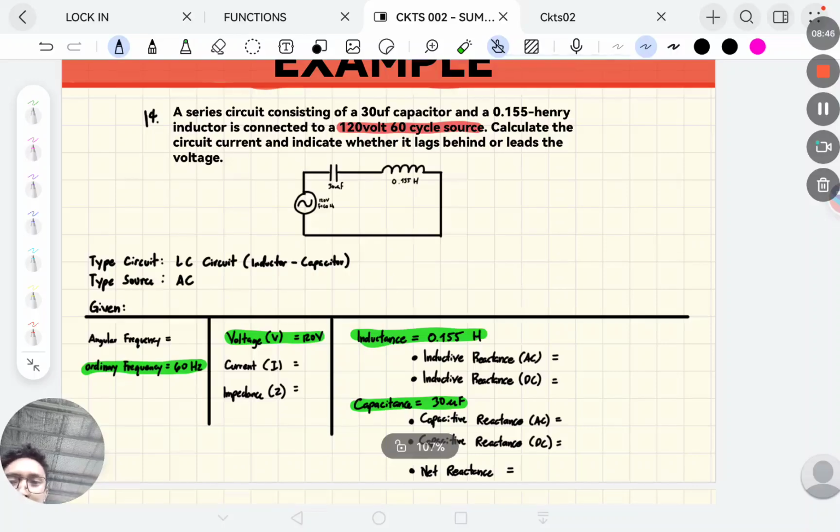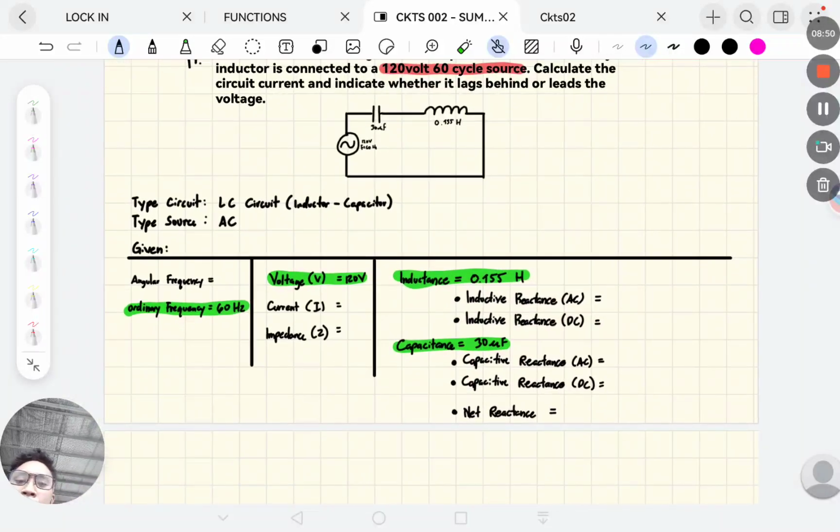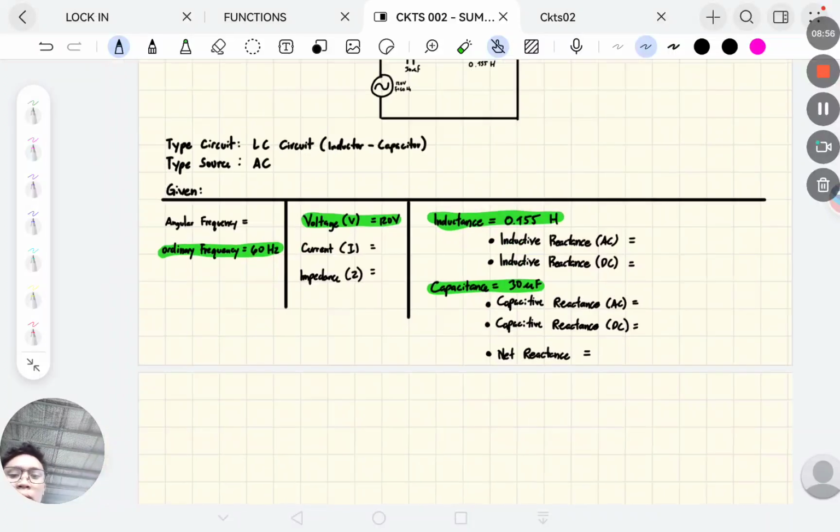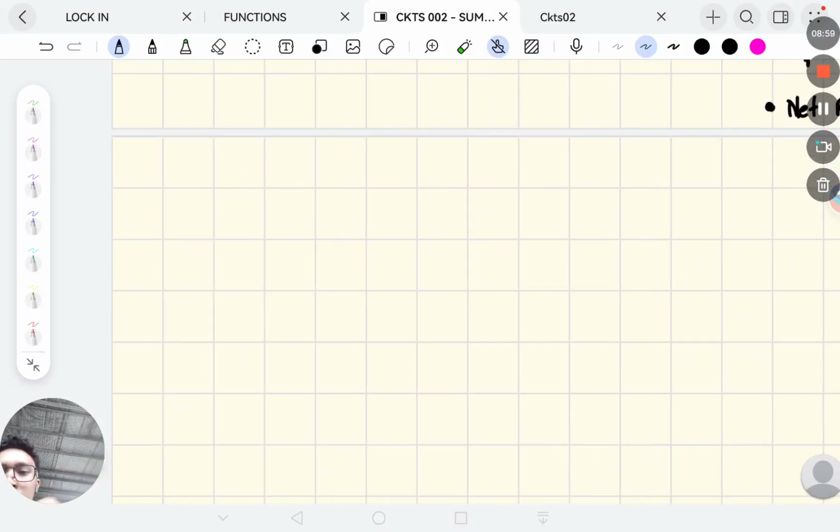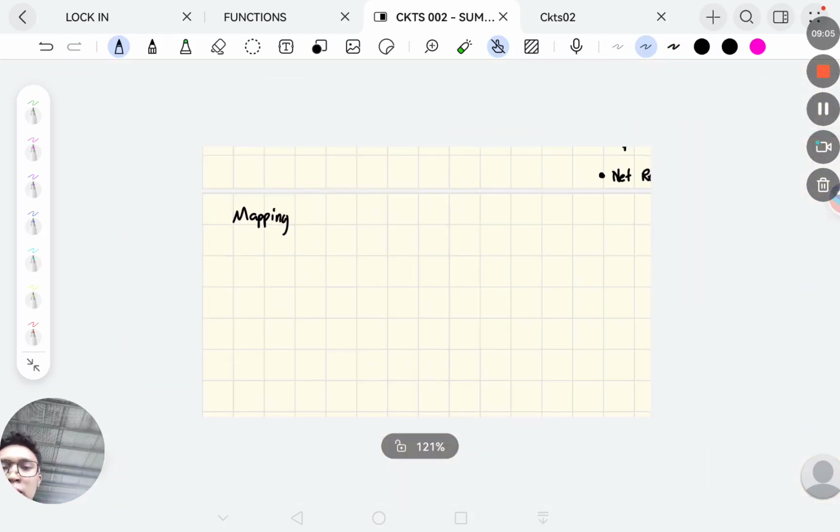How would we find the total current? So next na ginagawa ko is to map out natin yung mga variables na kailangan. Mapping yung next step.